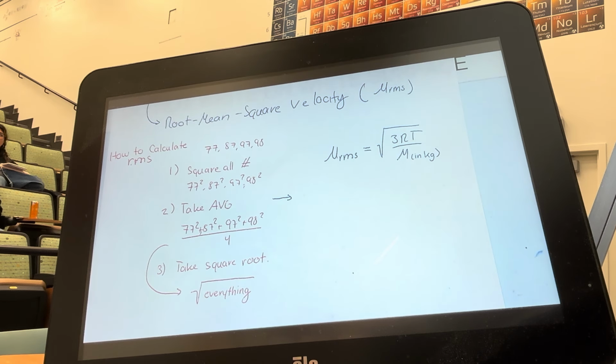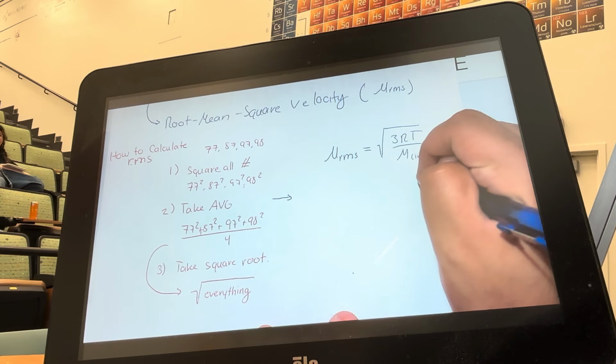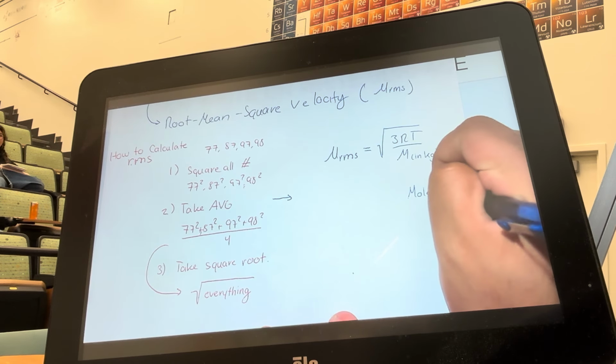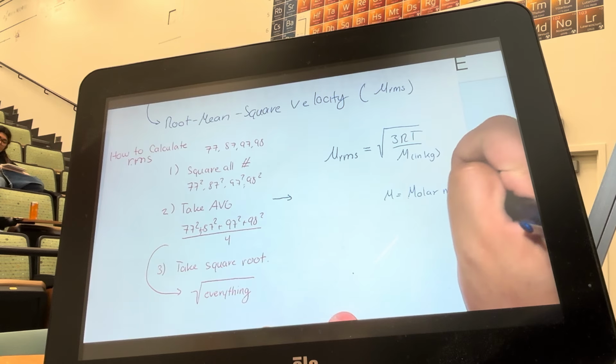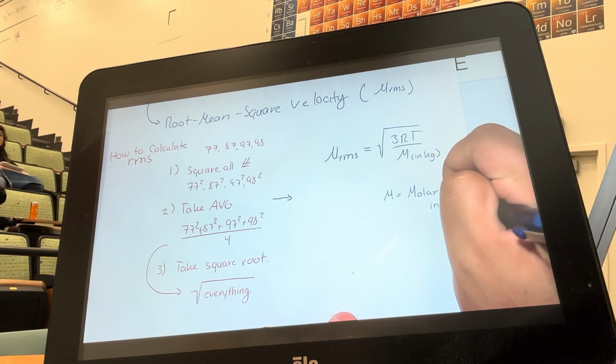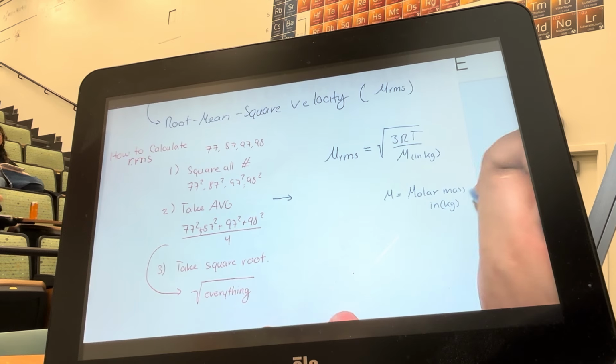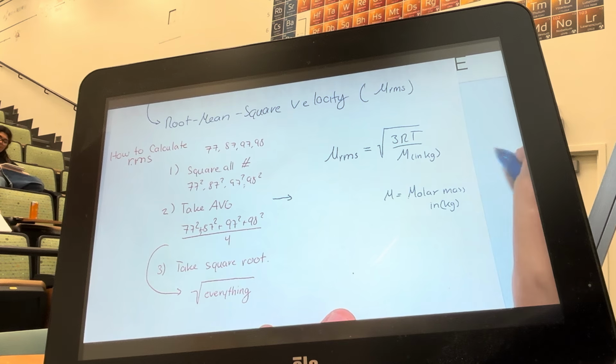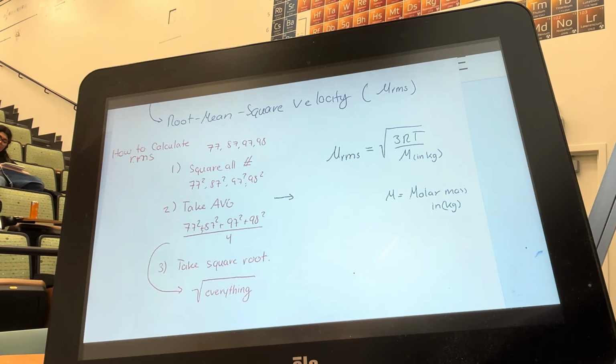So this is VRMS equals the square root of 3RT divided by the molar mass in kilograms, where M is molar mass in kilograms. This is a very easy error to get wrong, because molar mass is always reported in grams per mole. In this case, it has to be kilograms.